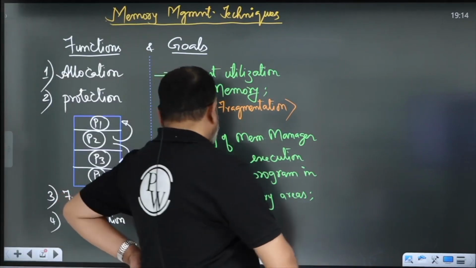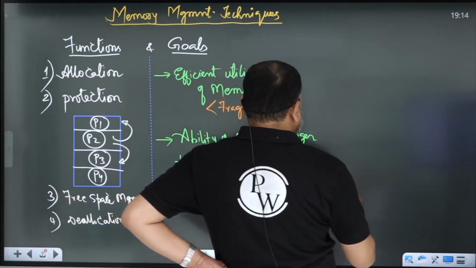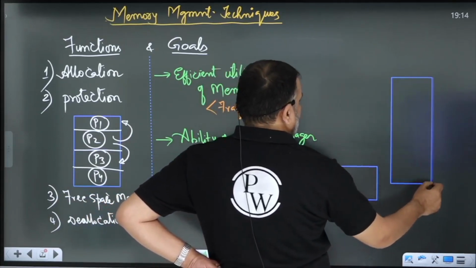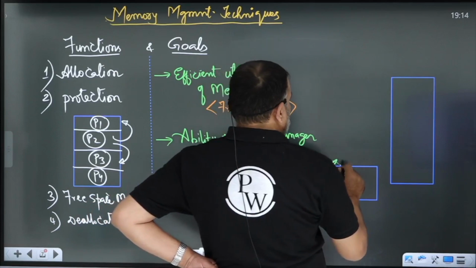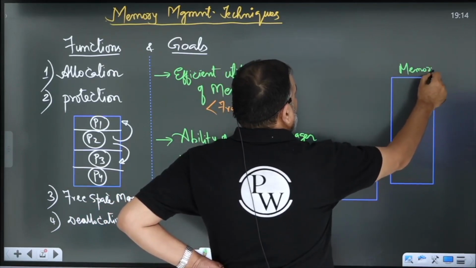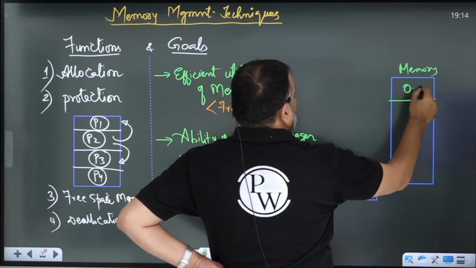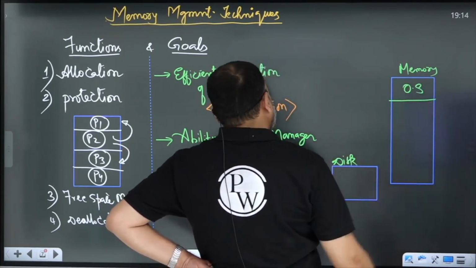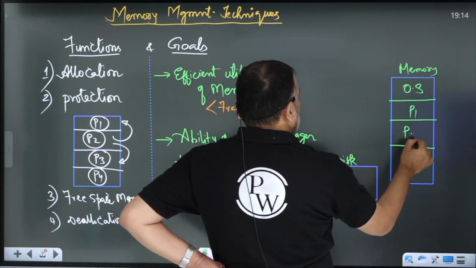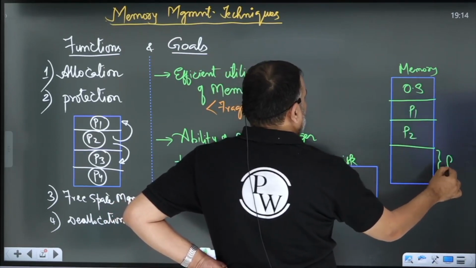Diagrammatically, I can make you understand this philosophy. Suppose this is a disk and this is a memory. Memory will always be divided into two parts: the operating system, and the other area is the user area, where I load programs. Say I already have programs P1 and P2, and imagine this is a free area of memory right now.